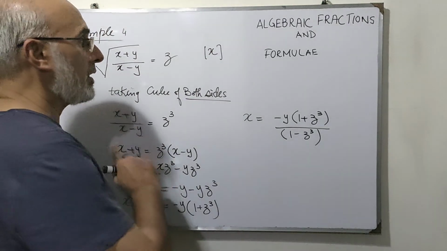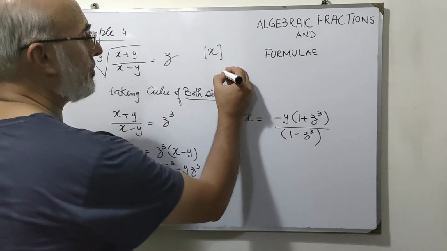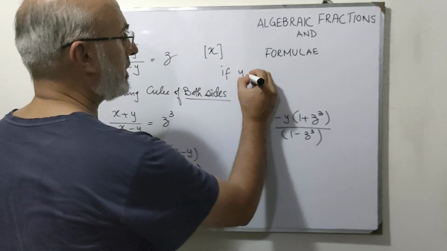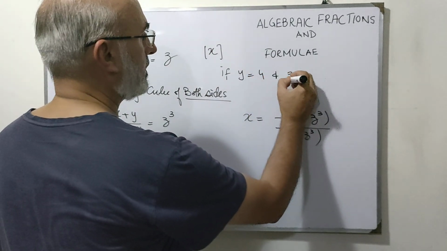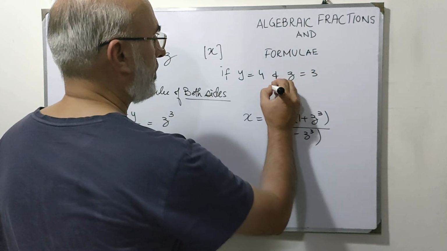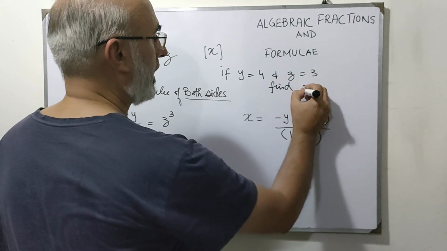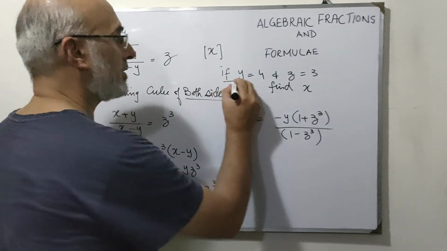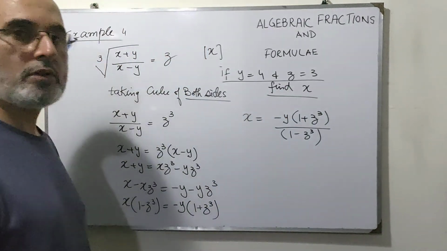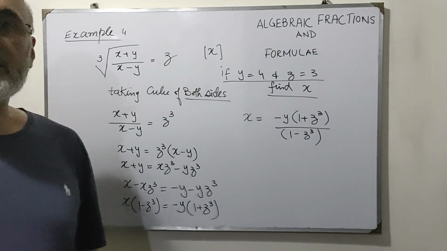Now the next step, if y is equal to 4 and z is equal to 3, find x. So this is the next step, we have to find the value. So let's put the value of y and z.